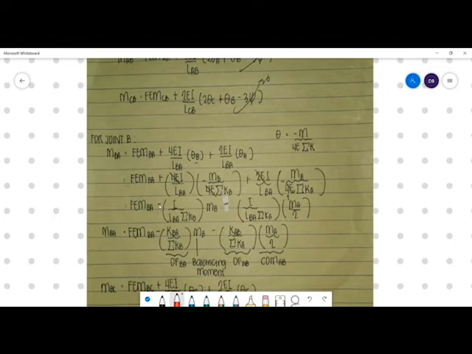FEMBA. Minus na yan kasi negative tayo dito. I over LBA times summation of KB, M sub B, minus I over LB, summation of KA, times M sub A over 2. MBA natin is equal to FEMBA minus KBA over summation of KB times M sub B minus KAB over summation of KA times MA over 2.